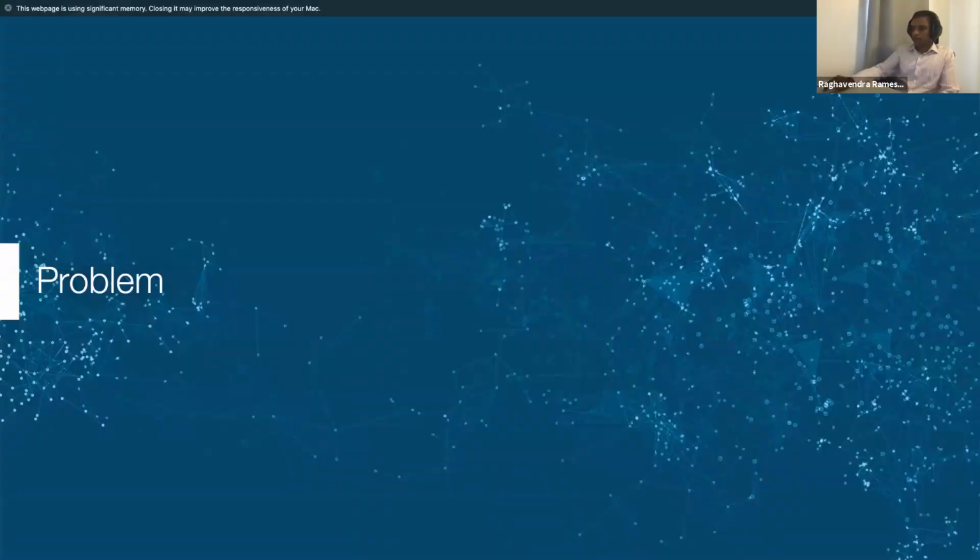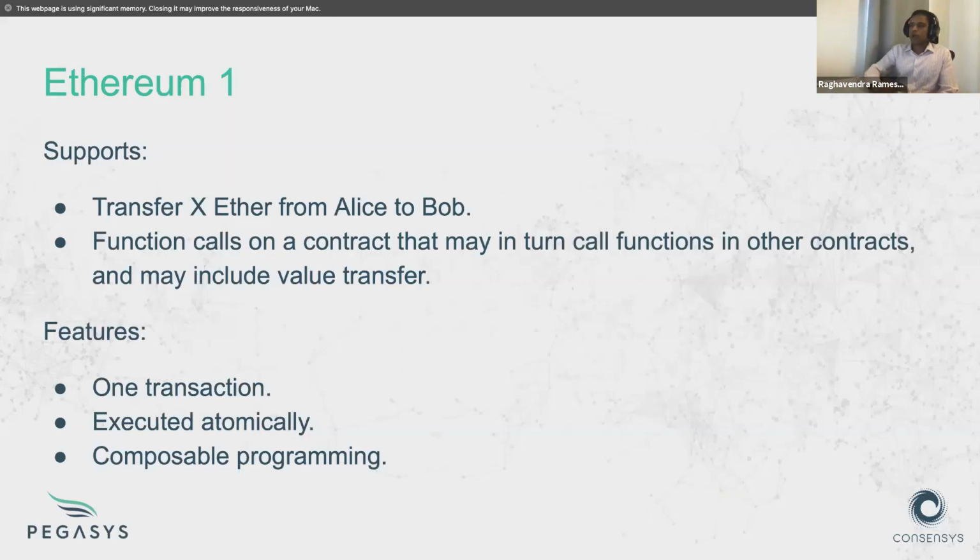Okay, the problem. In the Ethereum 1 world, it supports ETH transfer. That is, if you want to transfer X amount of ether from Alice to Bob, it supports two things mainly. One is ETH transfer.